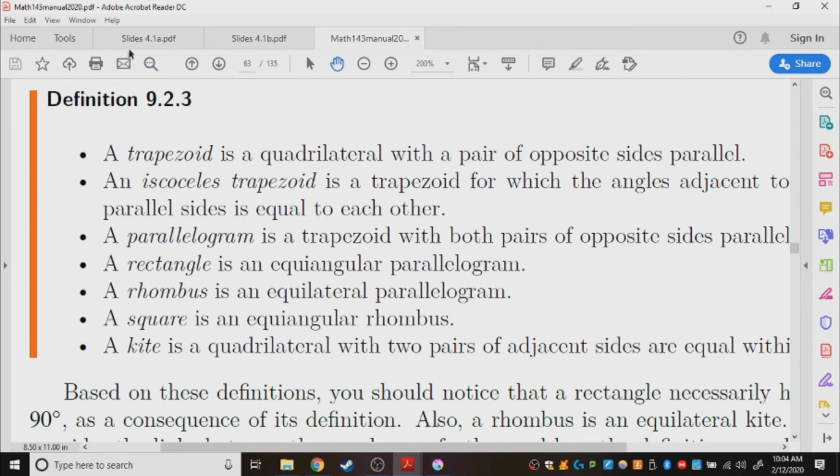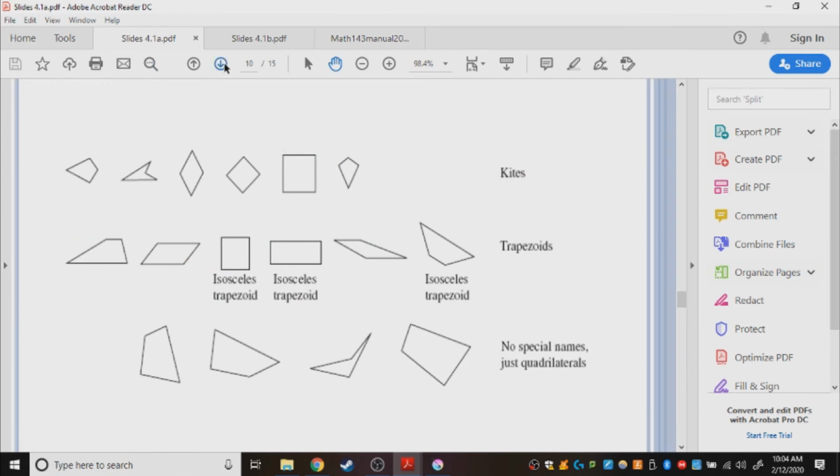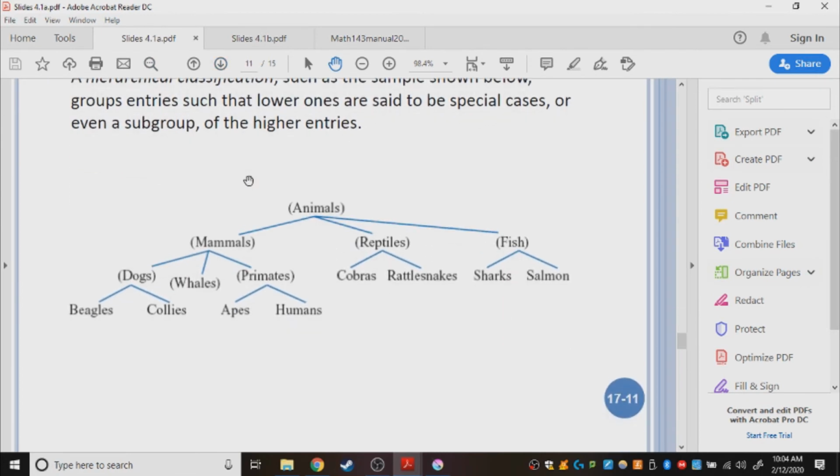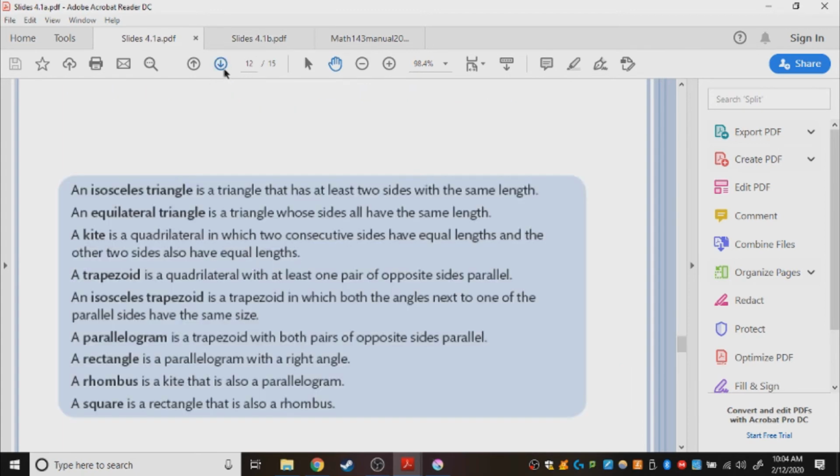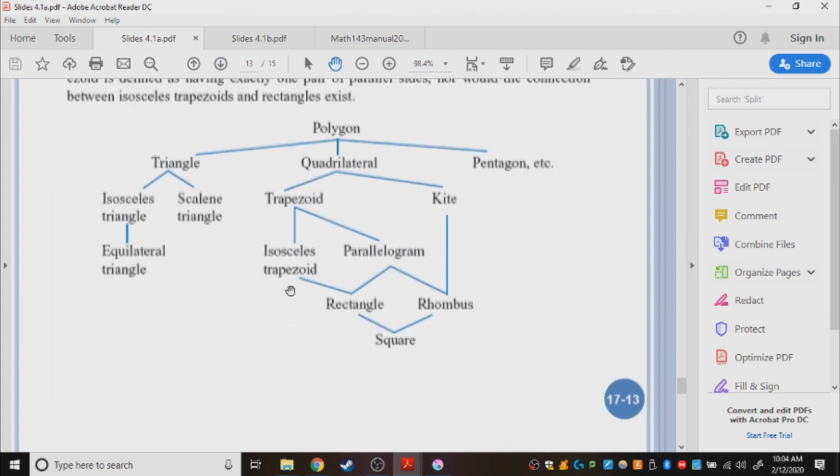Now, just like we tend to organize and arrange groups of things into a sort of tree system, I can do the same for polygons.